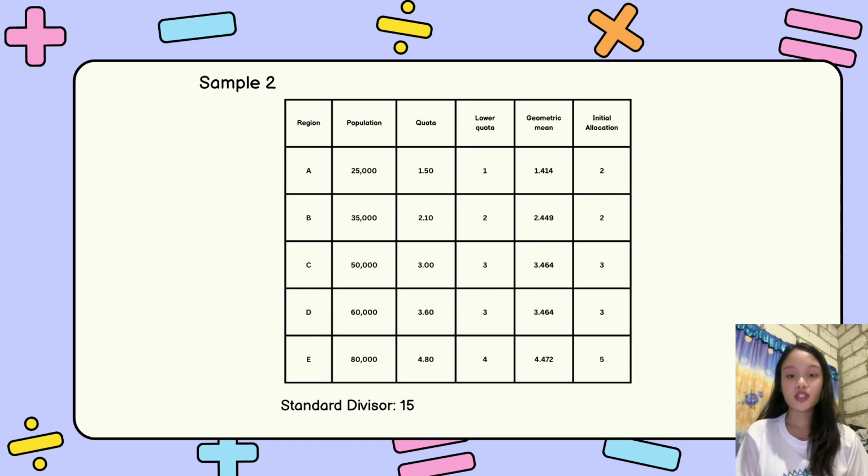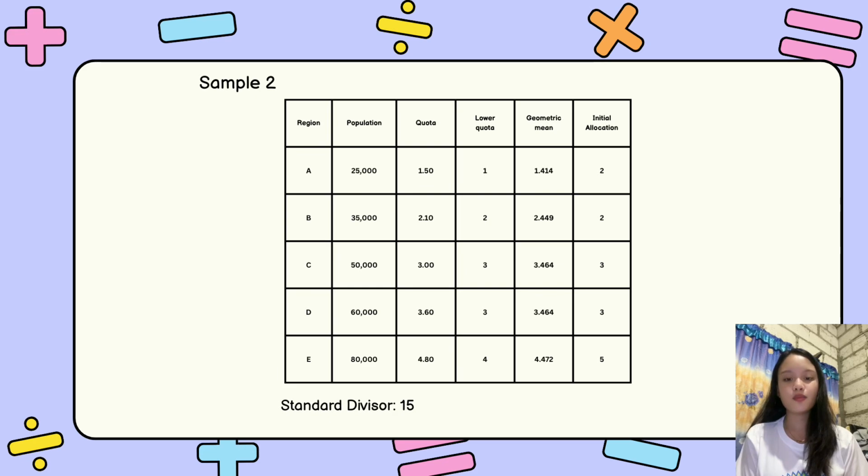Now, their quota in each region is for Region A is 1.50, Region B, 2.10, Region C, 3, Region D, 3.60, Region E, 4.80. Now, their lower quota is just removing the decimal places. So, 1, 2, 3, 3, 4.